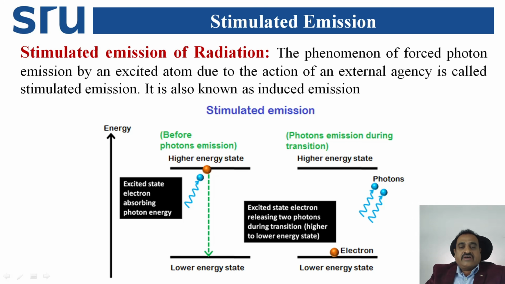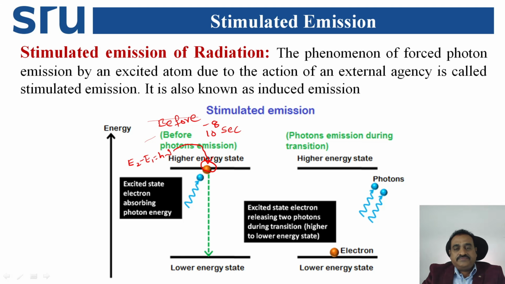Stimulated emission of radiation. So here, in the excited state, the atom can stay up to 10 to the power minus 8 seconds. Before 10 to the power minus 8 seconds, if E2 minus E1 is equal to h nu, photon energy, is incident on the ground state atom, the ground state atom absorbs all the photon energy and goes to the higher energy state.